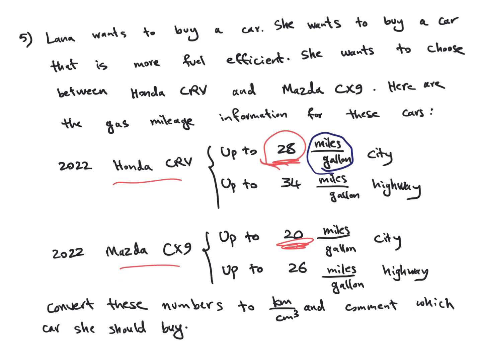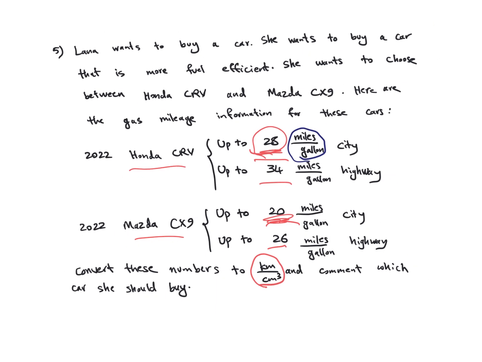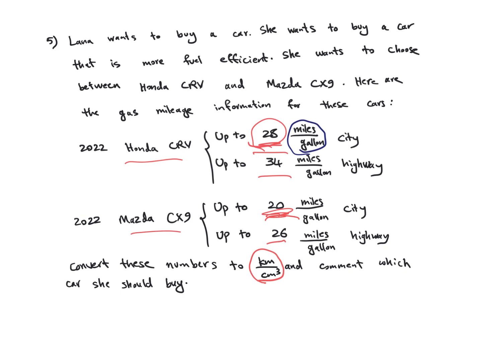So here in this question, I gave you some gas mileages, and I asked you to convert them to kilometer per cubic centimeter. And in the homework problem I also gave you the conversion factors: how to convert gallons to liters, how to convert liters to cubic centimeter, and how to convert kilometer to miles.